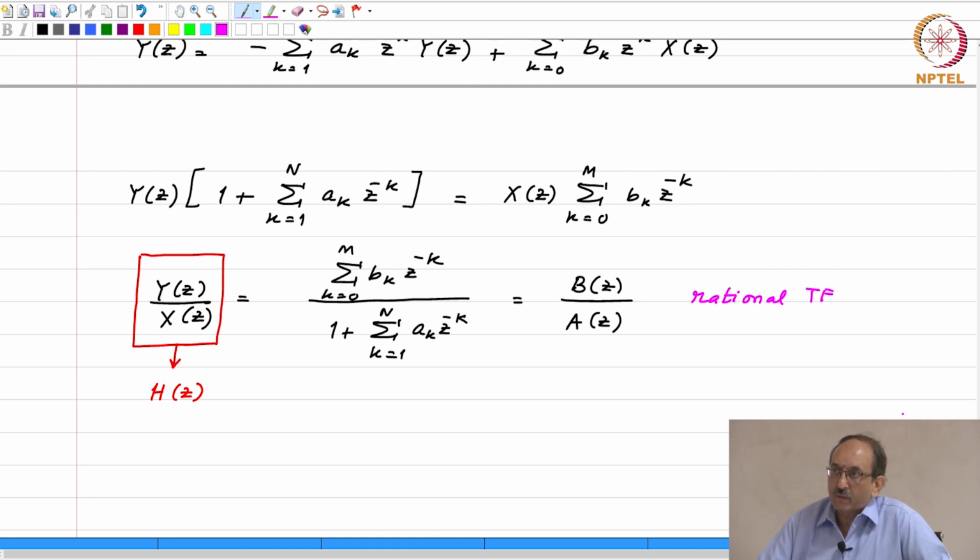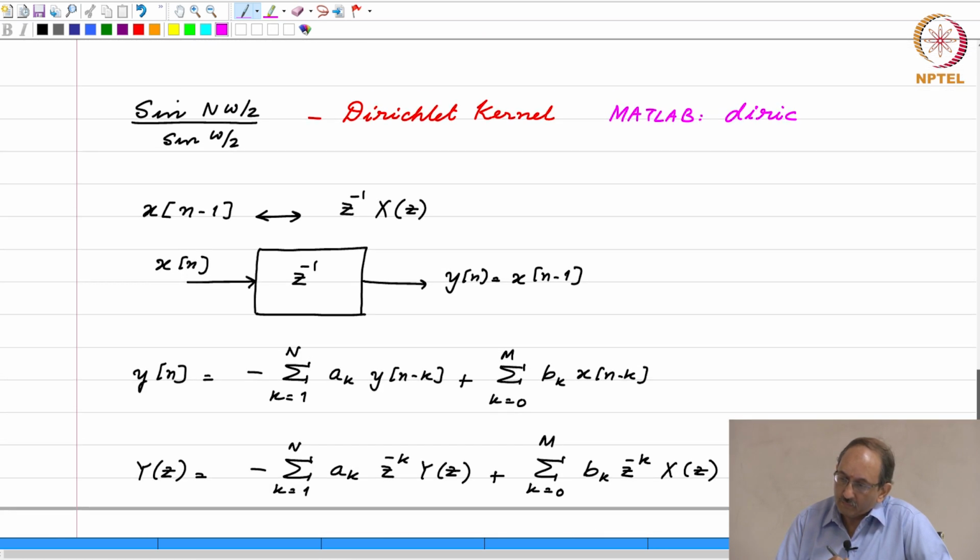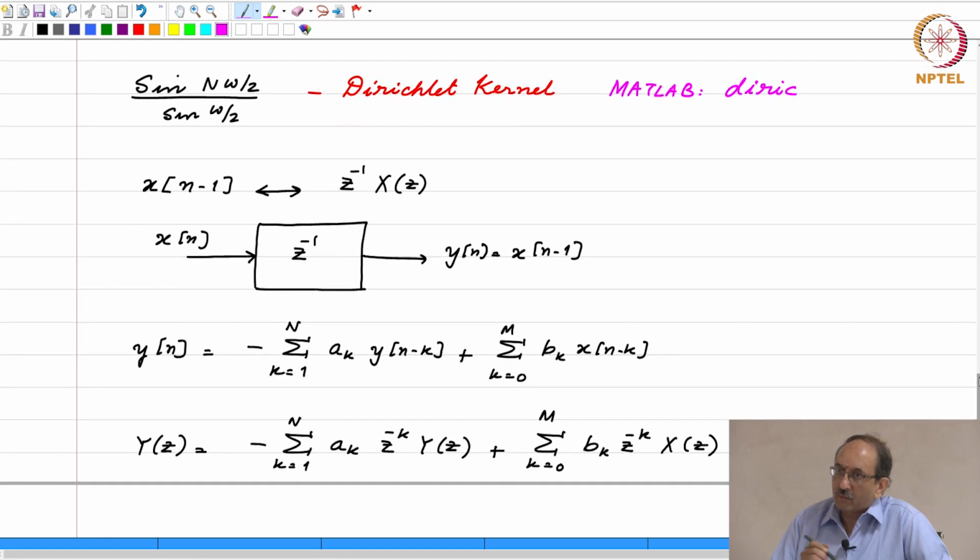Similarly, here, given a rational transfer function in the z domain, it corresponds to a linear constant coefficient difference equation, and in terms of realization, all you need are multiplier coefficients and delay elements. Once you have multiplier coefficients and delay elements, you can realize this difference equation in practice.